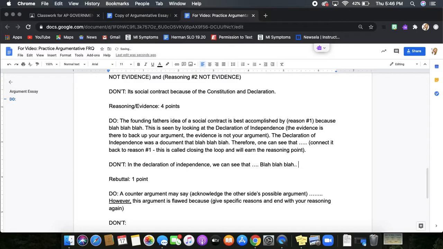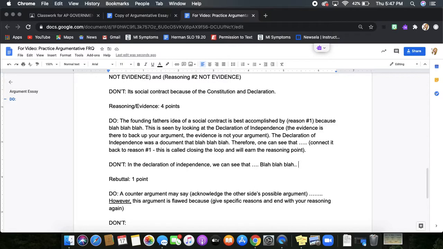I see that you are just introducing the document right away, but I have no idea what you're arguing and using the document to support. So tell me the big idea, use the Declaration to back up that big idea, link them together. Always close the loop. Why do we care?